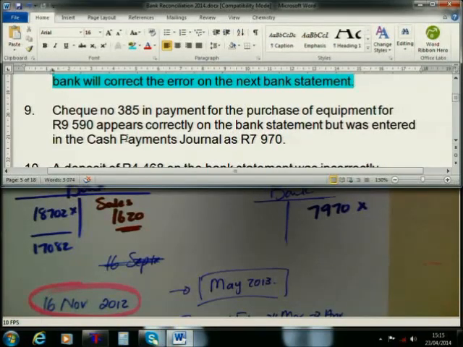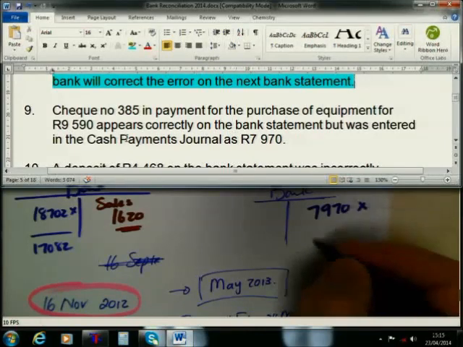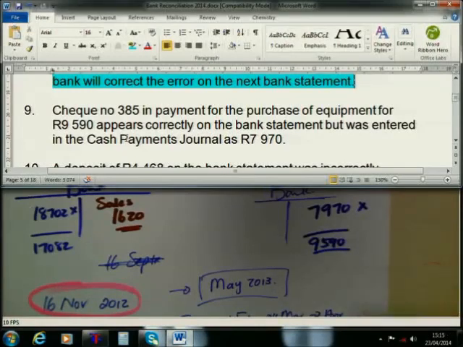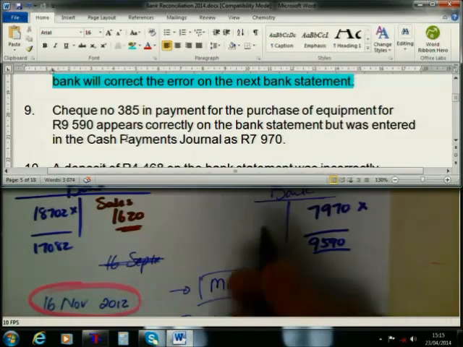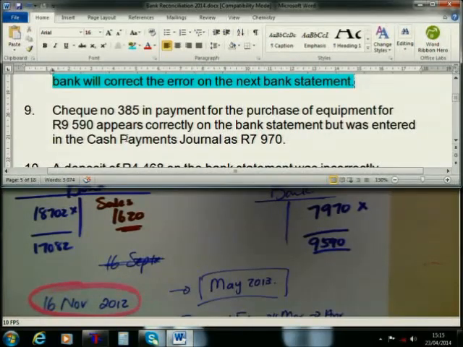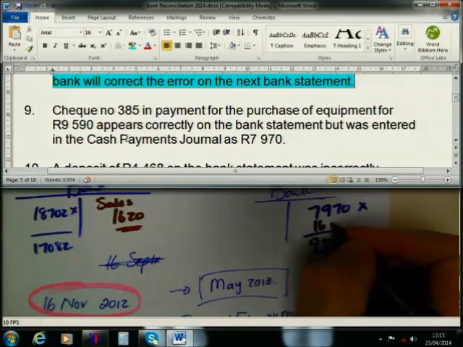Appears correctly on the bank statement but entered in the cash payments journal as too little. 9590 minus 7970 gives us 1620 that we are going to add there because the amount was too little.